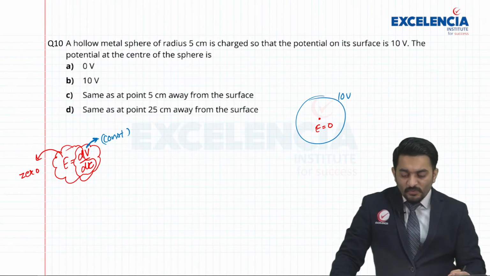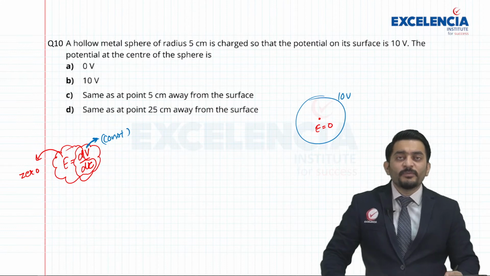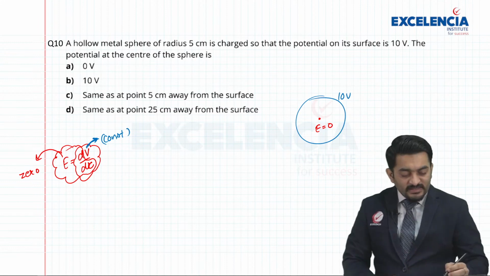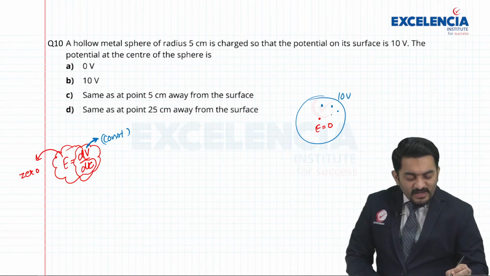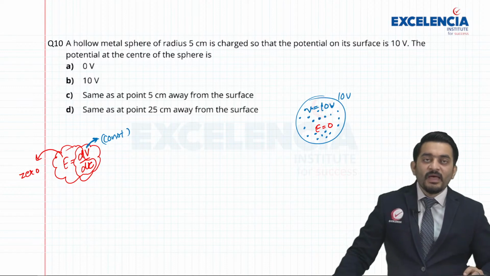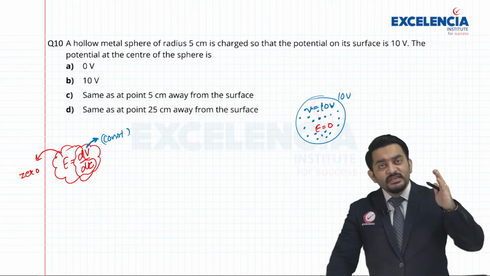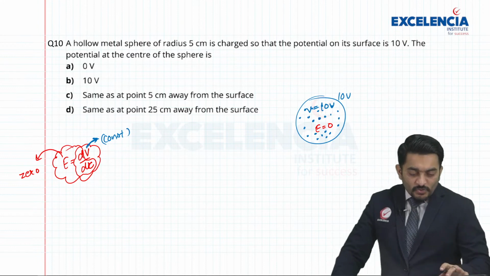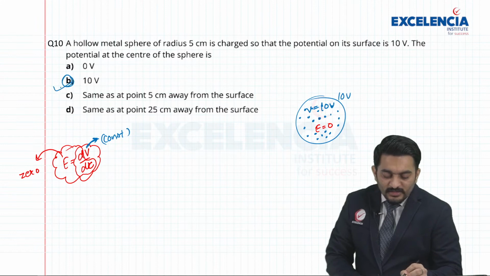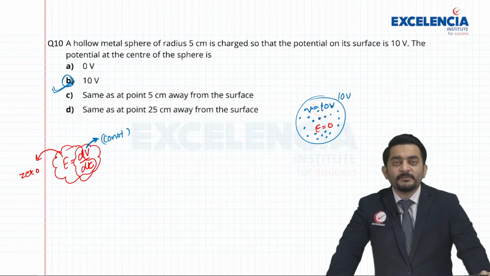So at the center the value is going to be constant. The examiner asked specifically about the center, but at any point in the hollow sphere, no matter where, the potential is going to be constant, and exactly the same as the potential on the surface. Correct? So in this question the correct option appears to be this, and you can mark option B.